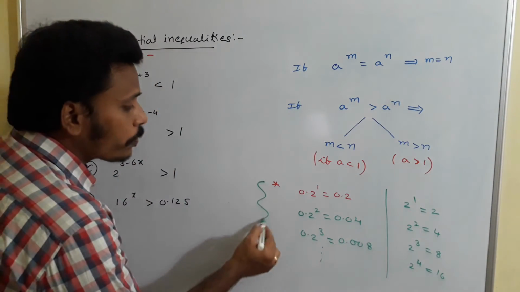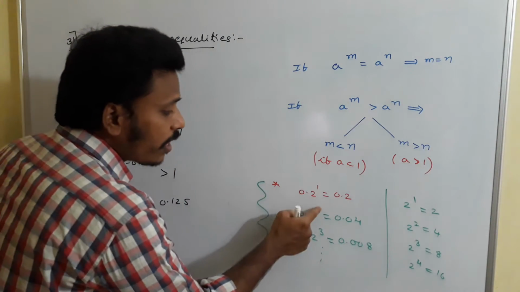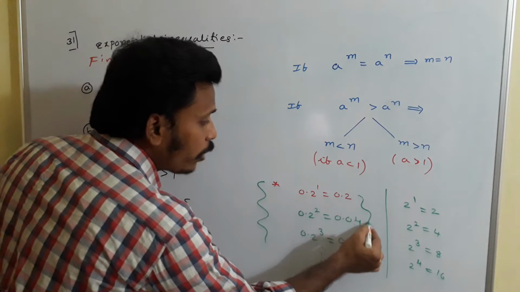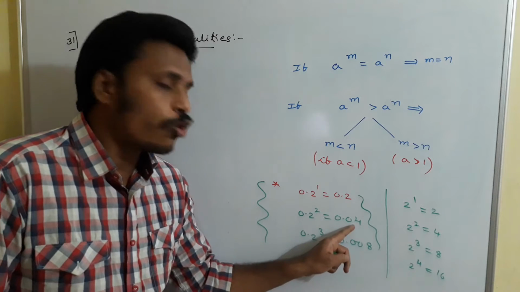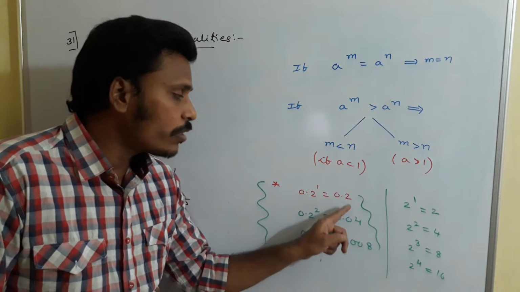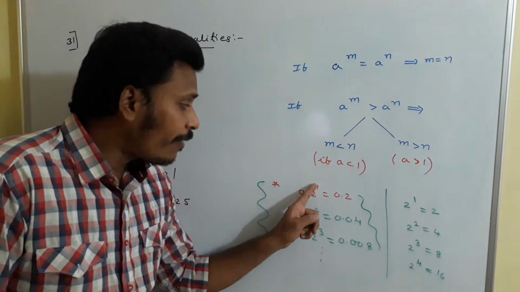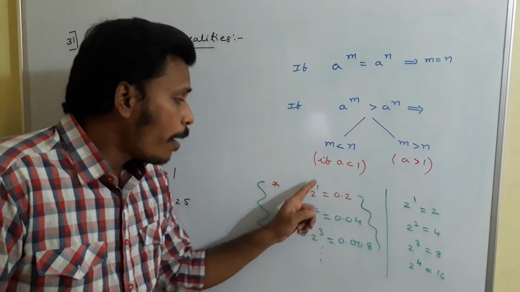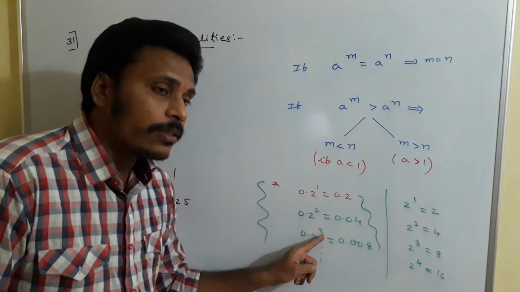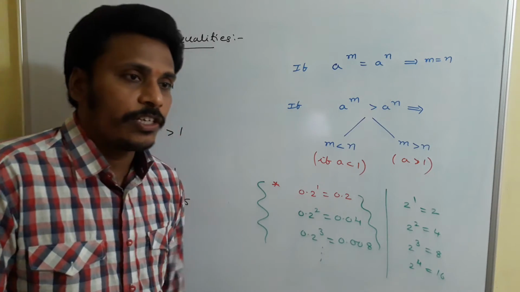But whereas if you observe this case, powers are increasing but these values are decreasing, right? 0.008 is less than 0.04 and this value is less than 0.2. Powers are still increasing: power 1, power 2, power 3. Powers are increasing, values are decreasing here.